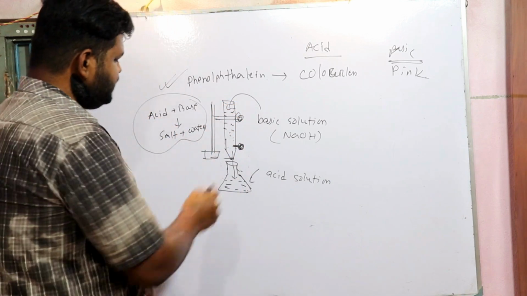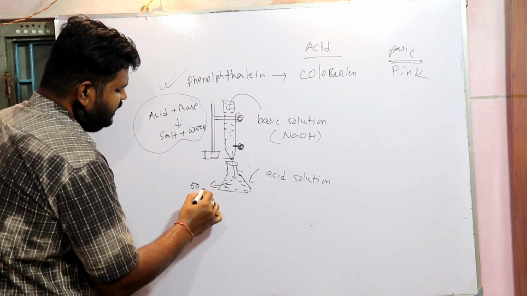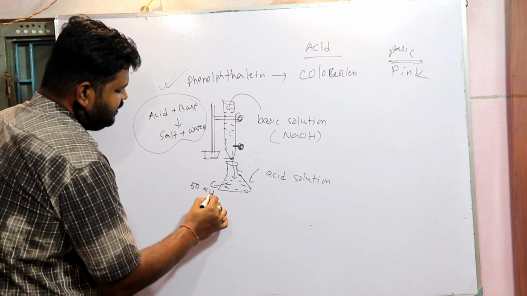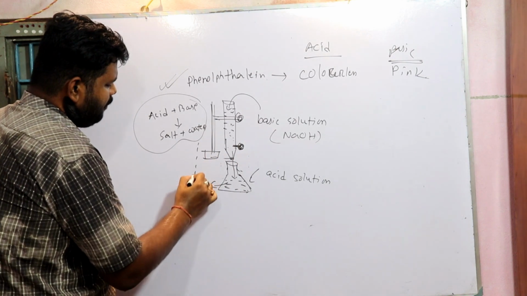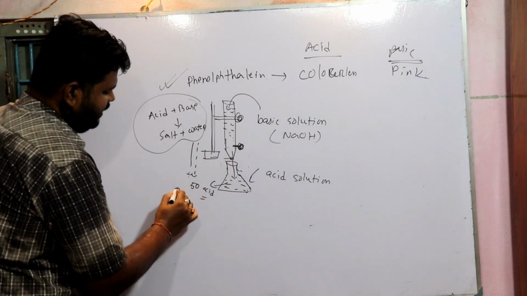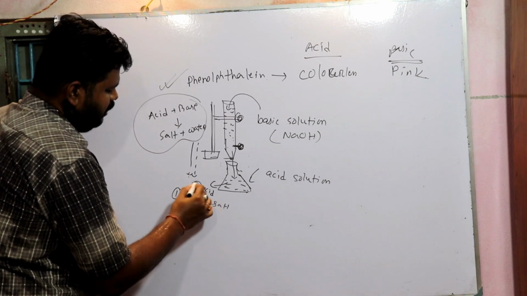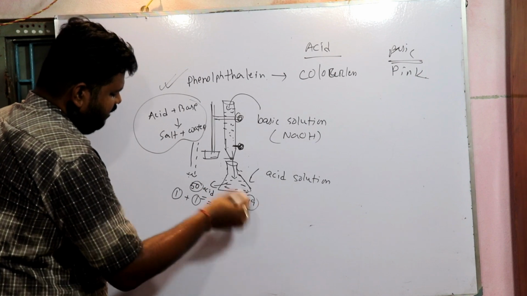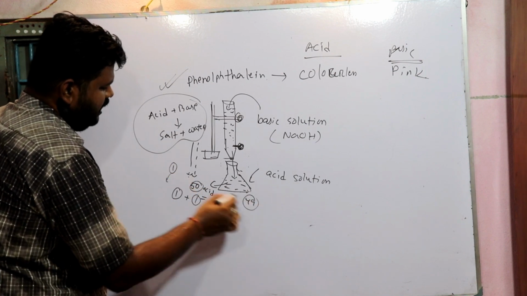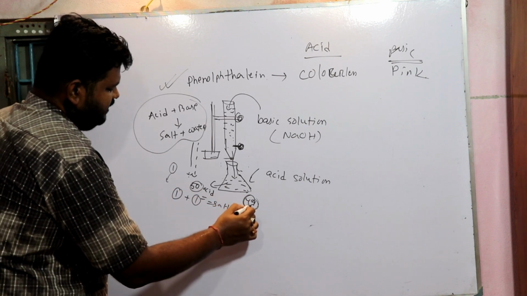Let us assume 50 acid molecules are present here, and we are dropping some basic solution from here to here. Suppose one base comes with one acid, they will produce salt. So now acid will remain 49. After that again one molecule of base will come and take another acid, and now acid is 48.